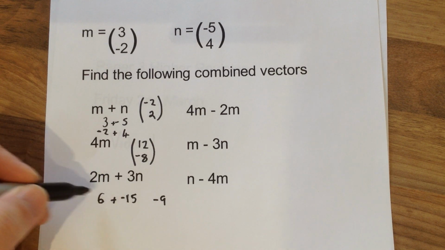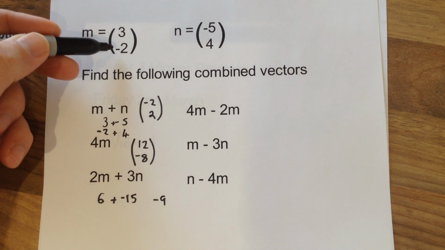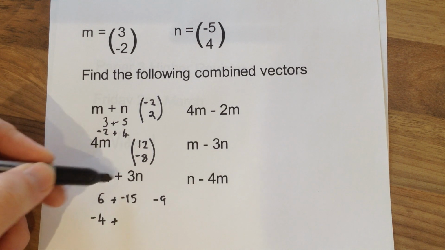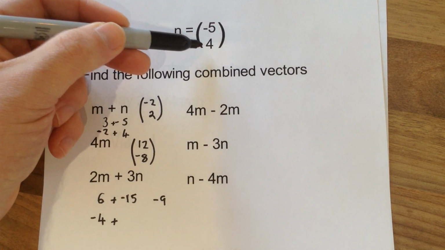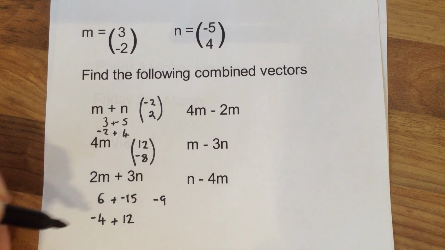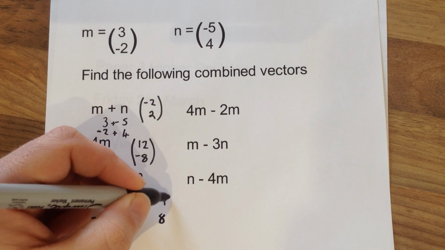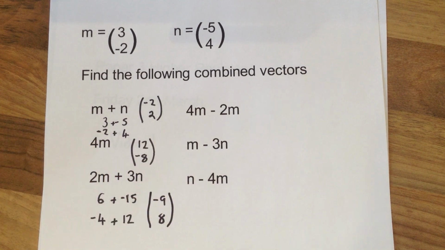For the bottom, we do 2 lots of minus 2, which is minus 4, plus 3 lots of 4, which is 12. So minus 4 plus 12 is 8. So the combined vector would be minus 9, 8.